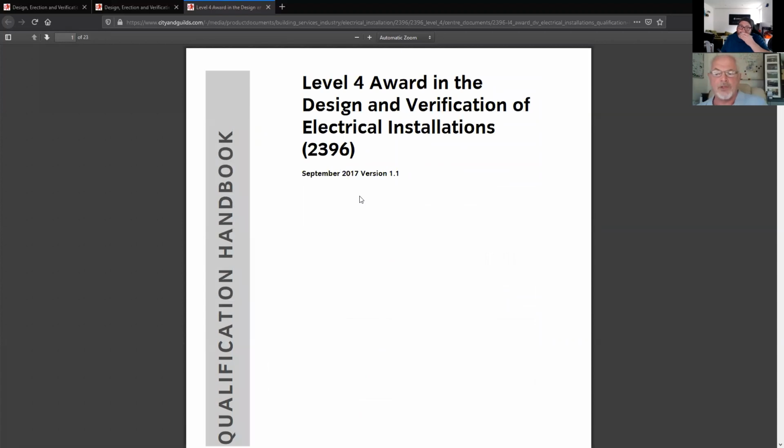So when people came onto the 2394 to do initial verification, they should have had some experience of it and known how to inspect and test. The 2394 was there to fine tune, and then the 2395 initially was there for people that had done their 2394 and initial verification for a period of time and got experience. But then, of course, they joined it all together.